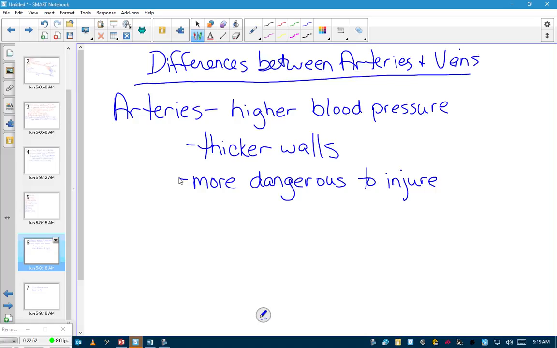So does anyone have or know of someone that has trouble with circulation in their legs, like spider veins or dilated blood vessels in your leg? Yeah, those are veins. Varicose veins, yeah. You can get them stripped out.